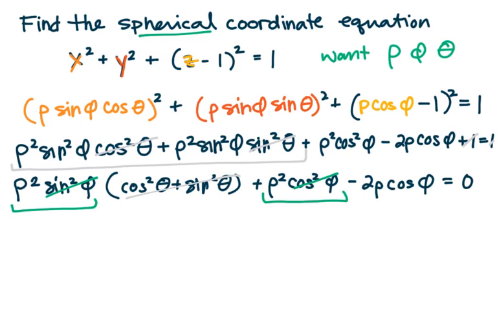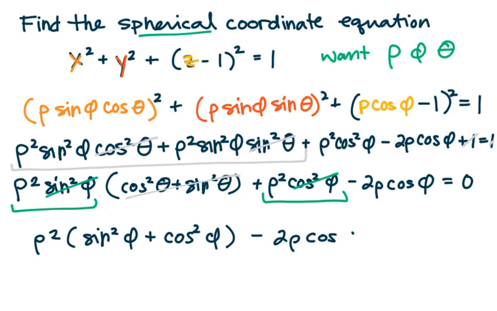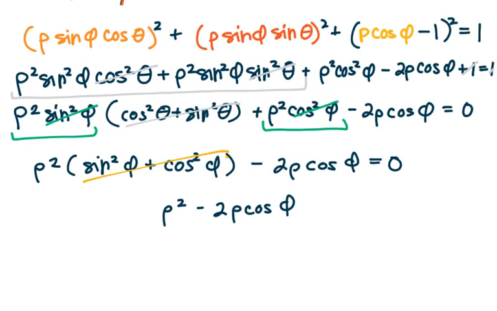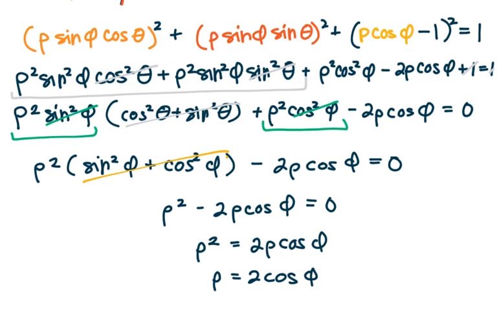So what I have, if I factor that, I've got rho squared times sine squared phi plus cosine squared phi minus 2 rho times cosine phi equals 0. This guy goes to 1. Now I've got rho squared minus 2 rho cosine phi, and that's going to be equal to 0. And that will be rho squared equals 2 rho cosine phi, or rho equals 2 cosine phi.